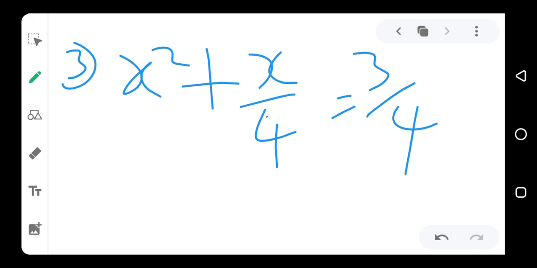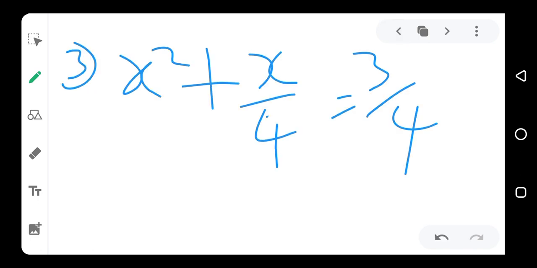Now step 4, we look for the value of b, divide it by 2 and square it. The value of b, we are now looking for it from this, not from the other side before we divide it. It is after dividing through that we use the value of b we get, divide it by 2 and square it.